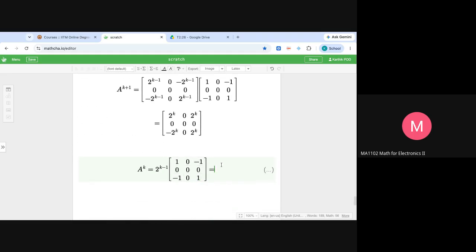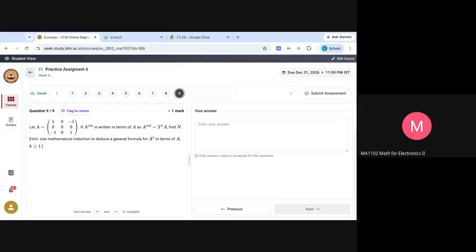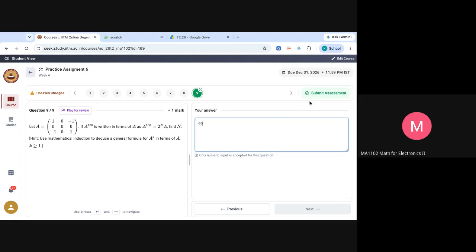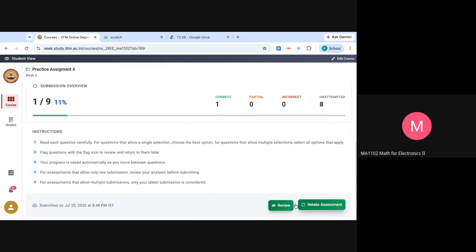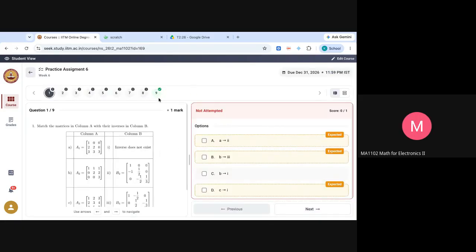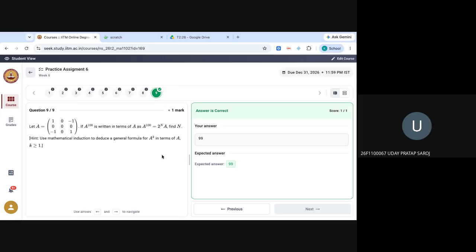I think this is nothing but a. So it's actually 2 power k minus 1 times a, and that is what they want. Now we substitute n as k minus 1. Yes, we got it right.